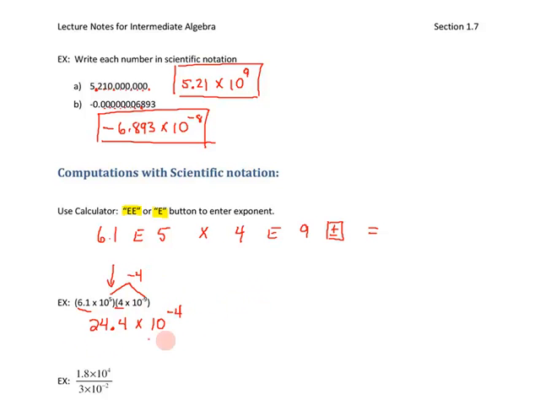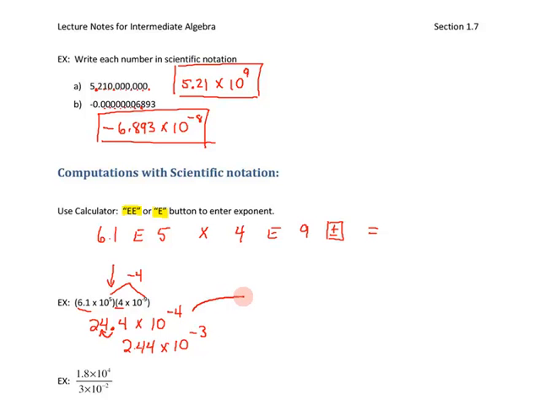Now, technically, this isn't scientific notation because this number isn't between 1 and 10, but I can move this one place to the left, which means a positive 1. I ended up with 2.44 times 10 to the minus 3rd.